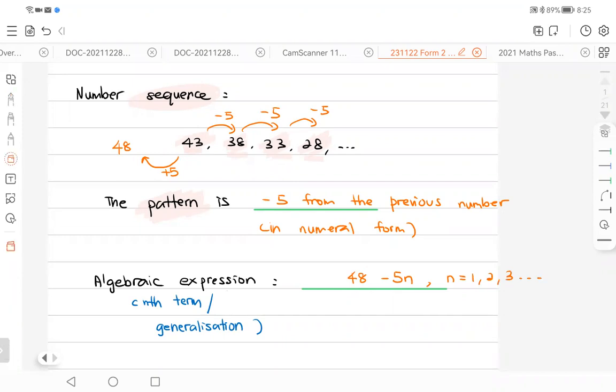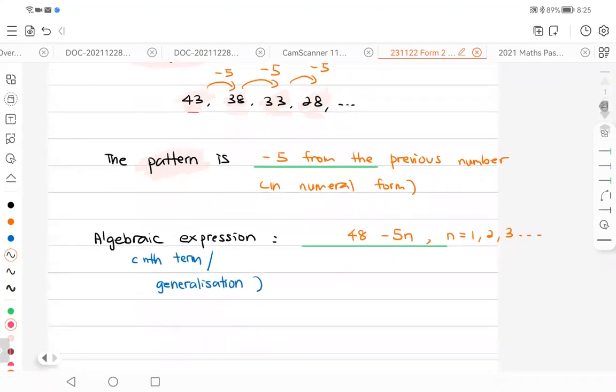Now the second method, which we usually see in the textbook or some reference books, starts exactly from this number, 43. So 43 minus 5n. The difference is you have to specify that n starts from 0: 0, 1, 2, 3, and dot, dot, dot.